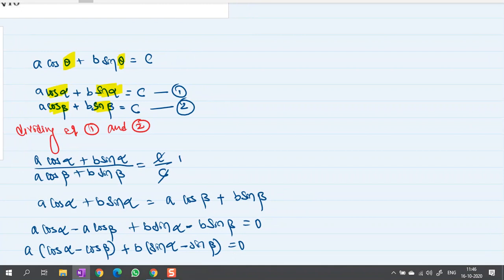So we have A(cos alpha minus cos beta) plus B(sin alpha minus sin beta) is equal to 0. Now we can use that CD formula to simplify this.